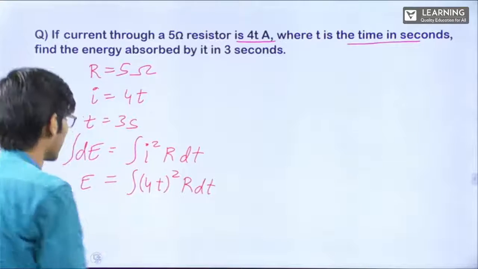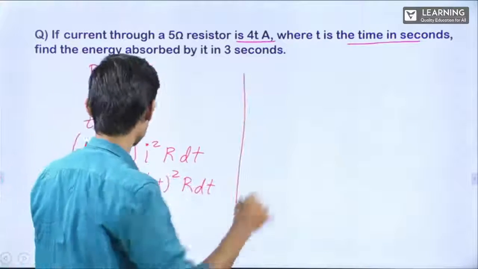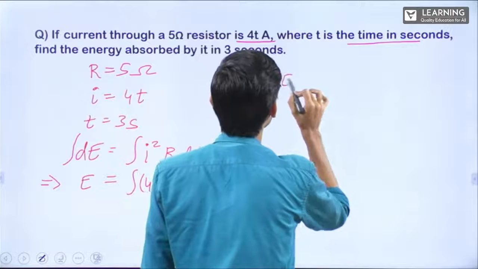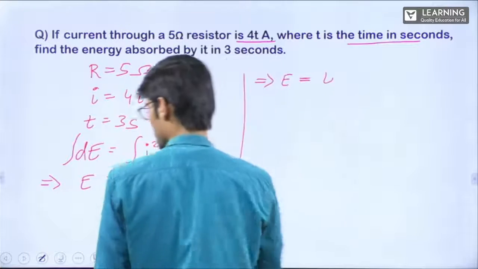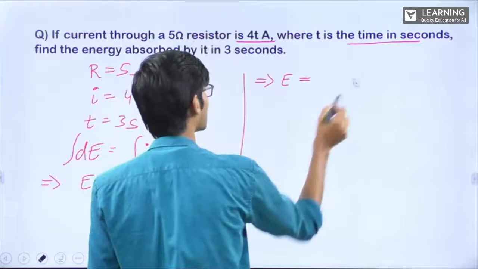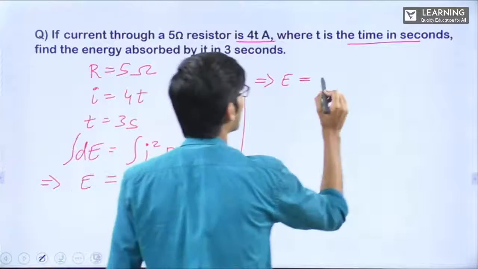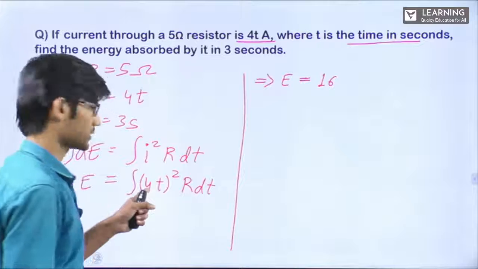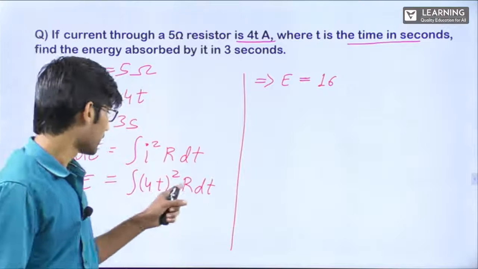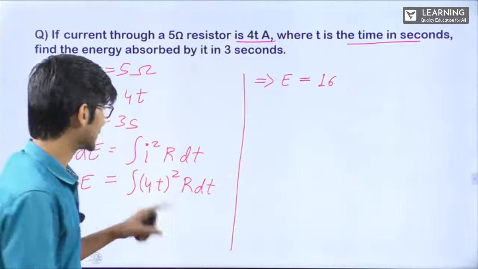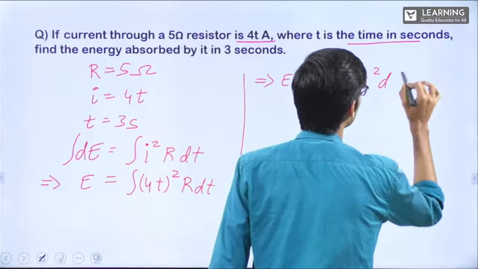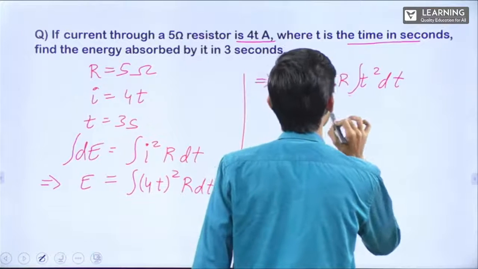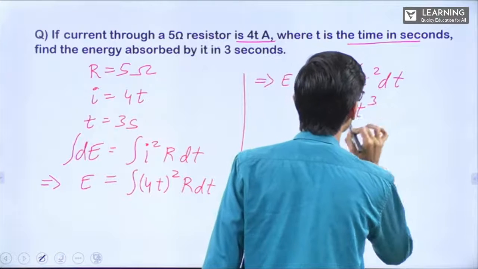E is equal to, 4 is squared, so 16 will come out as a constant. R will come out as a constant. T square dt. 16R t square dt is the integration. That is 16R t cube by 3.